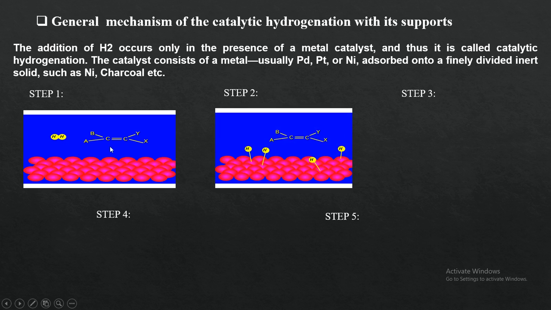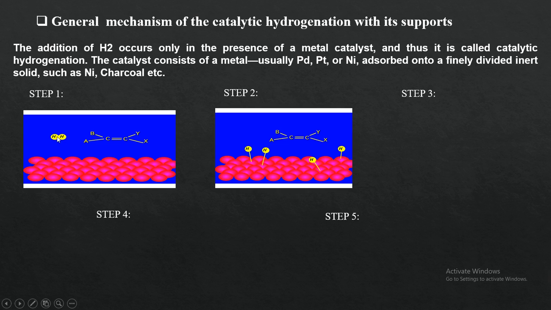In step 1, the hydrogen bond may be broken down, and the metal catalyst forms a bond with the hydrogens. Here you can see the metal surface is bonded with the hydrogen.